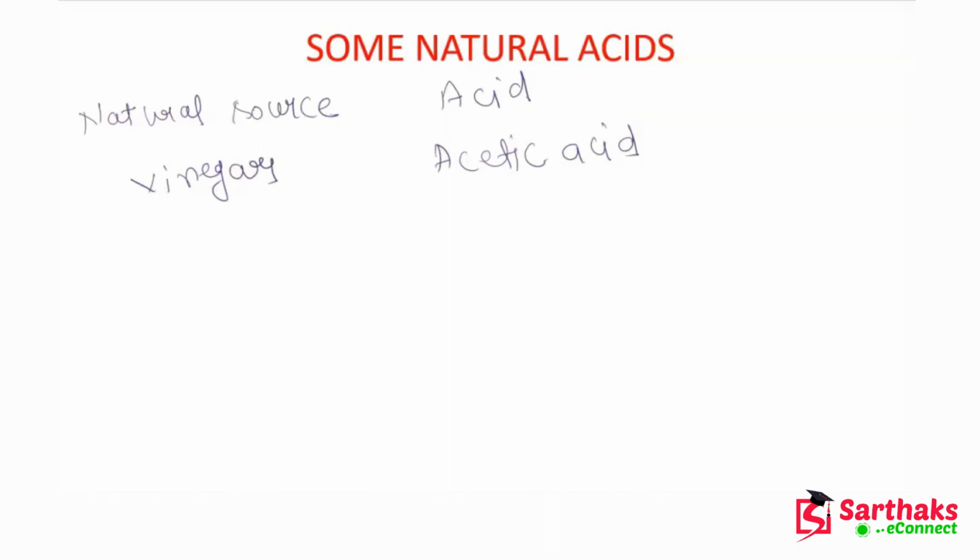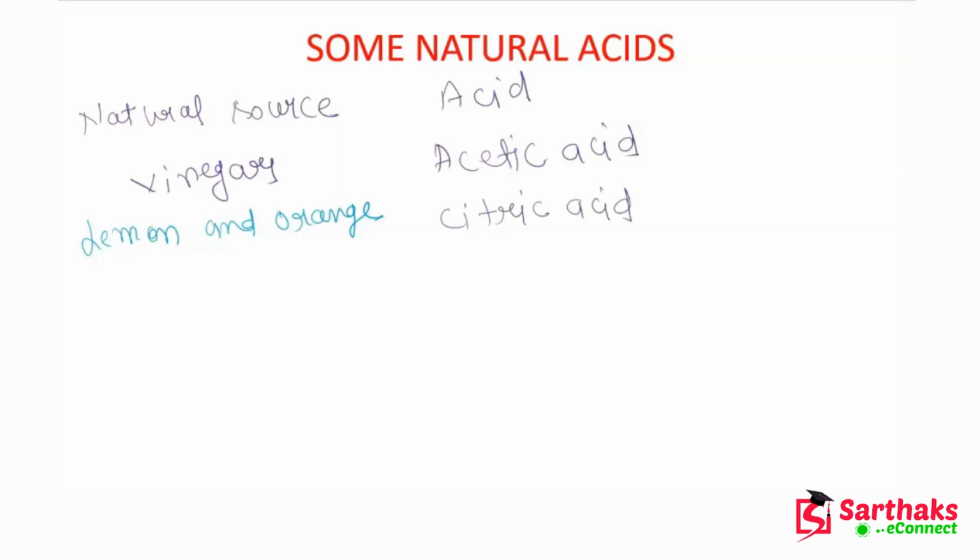Now let's talk about citric acid. This citric acid is found in orange as well as lemon. I'm writing it here, lemon and orange. And let's talk about tartaric acid.